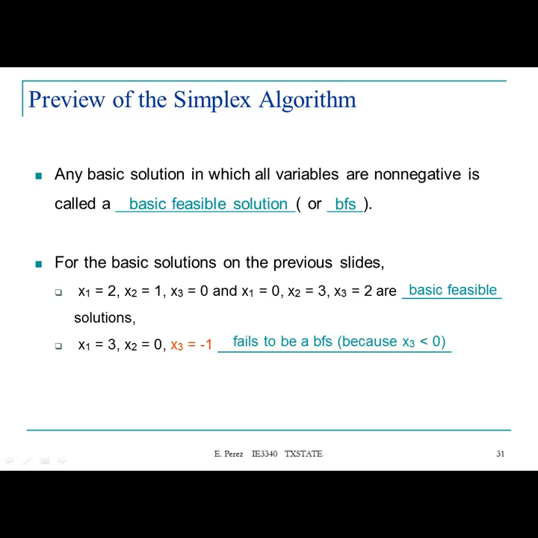However, this fails to be a basic feasible solution because x3 is negative. And what that's telling you from the graphical method is that this solution is not feasible, so it is not part of your feasible region.